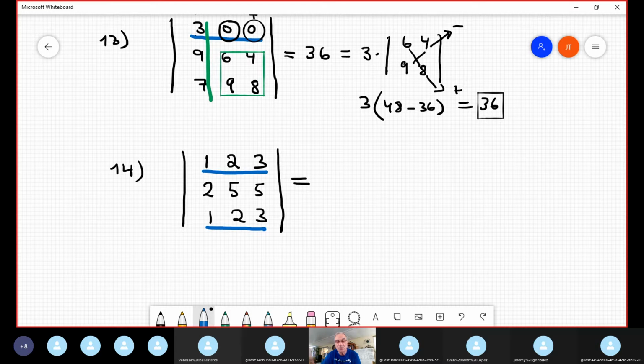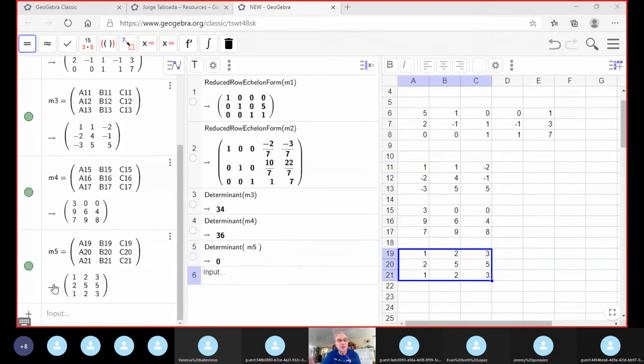I move into the screen, but I don't switch it. Okay, switching to GeoGebra. But the only thing I did is just typing the number. Okay, create a matrix is M5. And in the cast, I put in the row number 5, determinant M5, and the answer is 0.